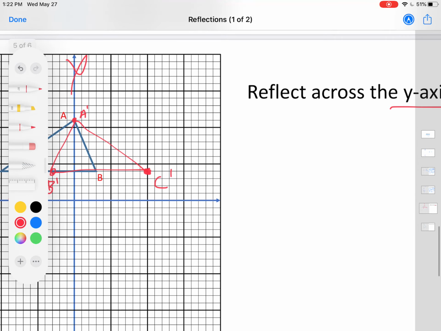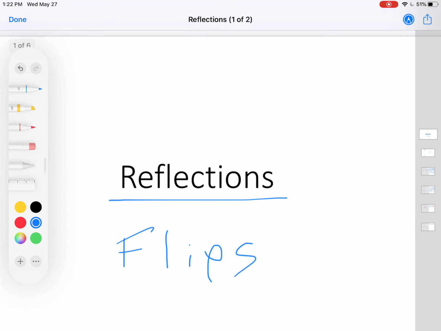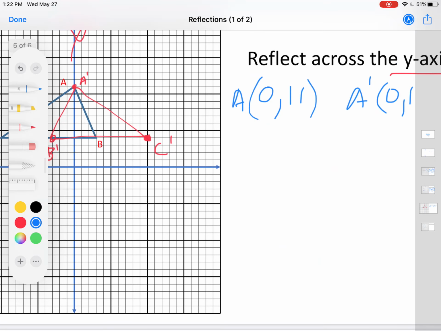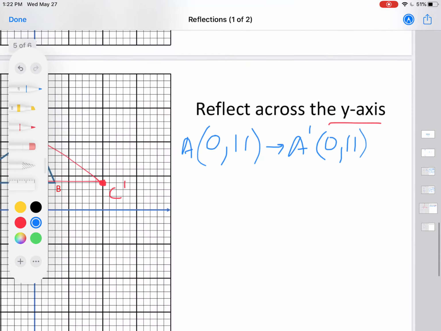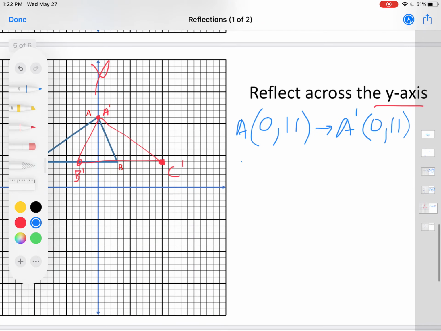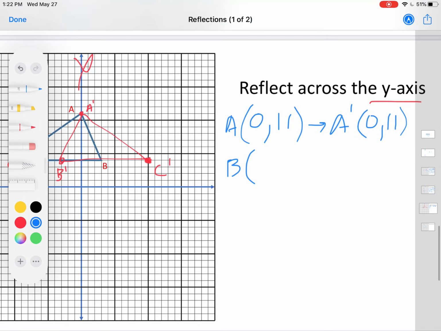Let's see if that makes sense for our coordinates. A is 0, 11. A prime is also 0, 11. B is 3, 4.